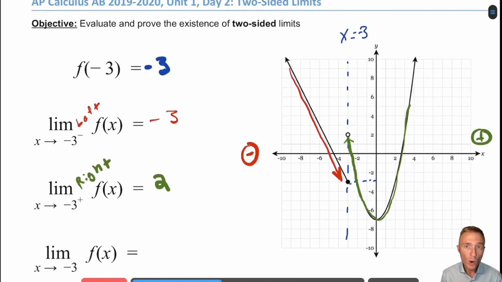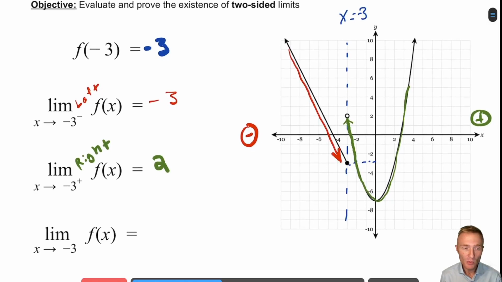Now, what we're going to talk about today is what happens if you don't have a left or a right symbol there. This is what we would call a two-sided limit, or maybe just refer to it as a limit. If you don't say left or right-sided, it just means the two-sided limit. So this says, what is the limit of f of x as x approaches -3? Full stop.